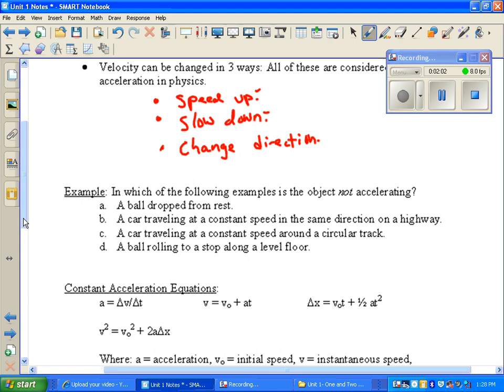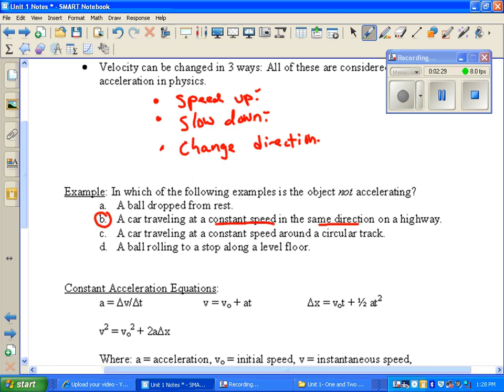So in which of the following examples is the object not accelerating? If I drop it from rest, we know as it falls, it speeds up. So that can't be it. That's definitely accelerating. A car traveling at a constant speed in the same direction. So constant speed, I'm not speeding up, I'm not slowing down, okay? And I'm going the same direction, so I'm not changing direction. So this is definitely not accelerating. All right, constant speed around a circular track. If I'm going around a circular track, I'm changing direction.